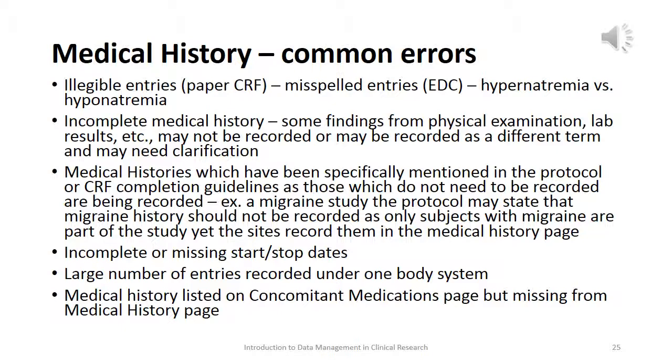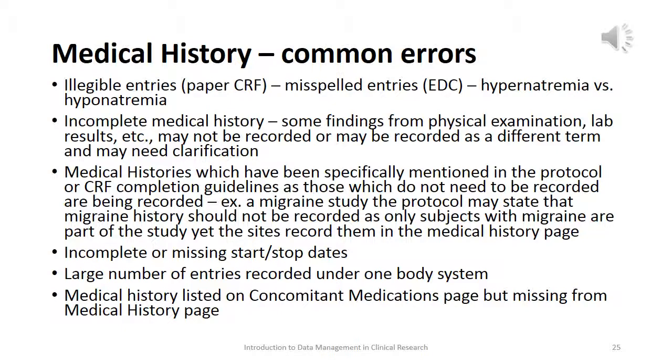We can also have incomplete medical history. We may have some findings from physical exam or lab results that are not recorded, or may be recorded as a different term and may need some clarification. So a lot of times you may have a lab report that has abnormal lab results, and yet there's nothing indicated on the medical history that identifies that.